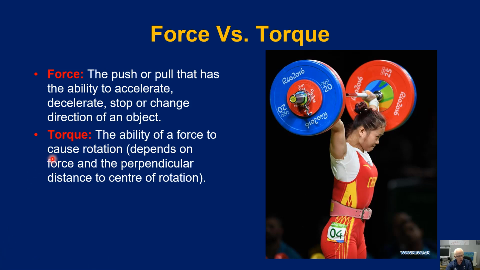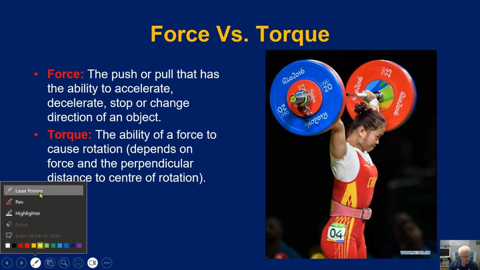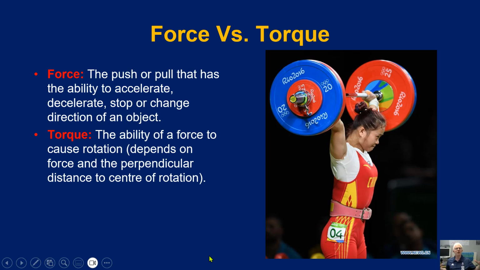Whereas torque is the ability of a force to cause rotation. It depends on the force and the perpendicular distance to the center of rotation. So when we think about a squatting action, going from that deep squat, if we are assessing the strength of the flexors and extensors of the knee, then what we would be assessing is torque, not force.